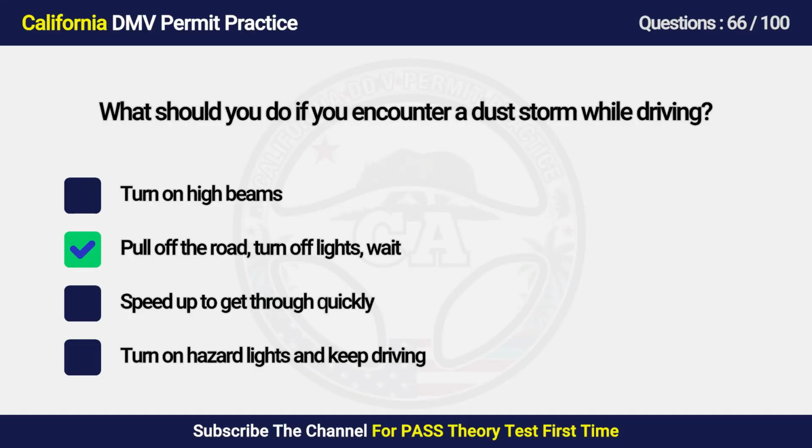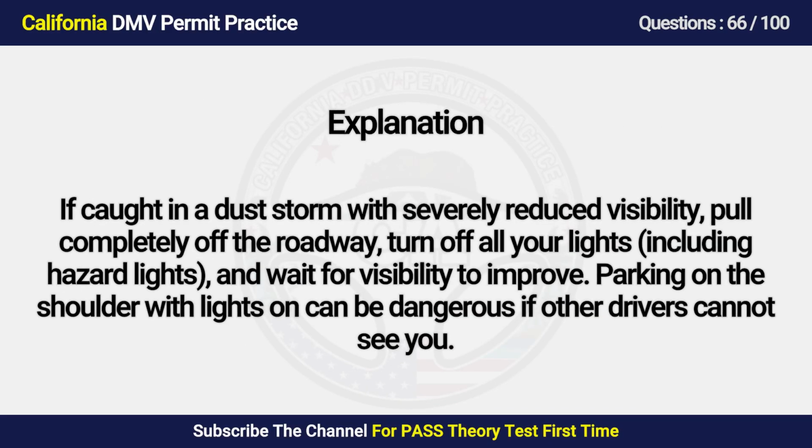Answer is B. If caught in a dust storm with severely reduced visibility, pull completely off the roadway, turn off all your lights including hazard lights, and wait for visibility to improve. Parking on the shoulder with lights on can be dangerous if other drivers cannot see you.